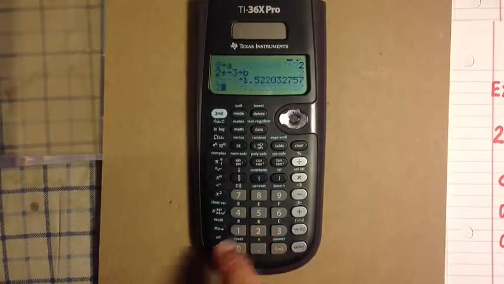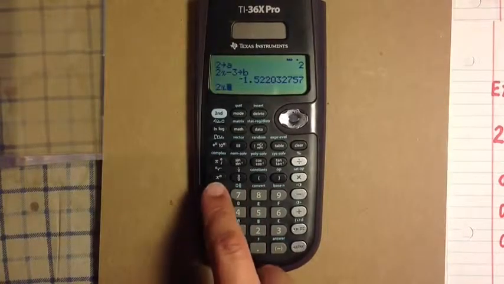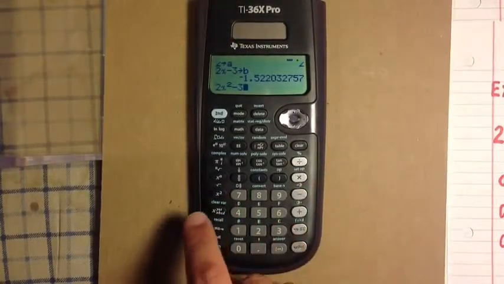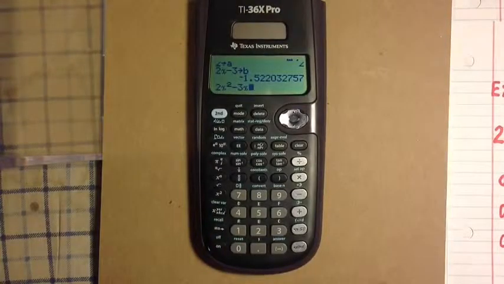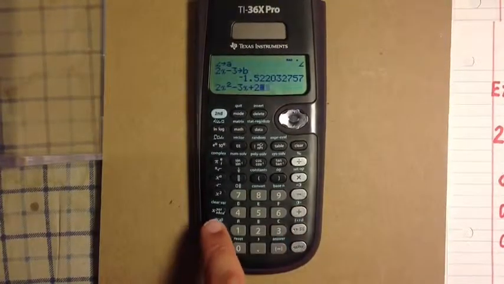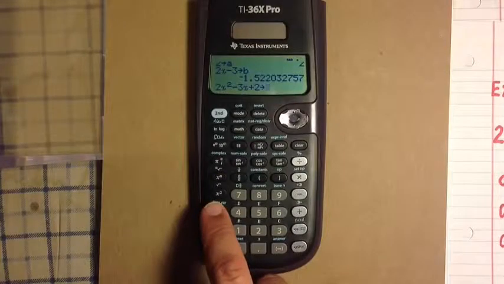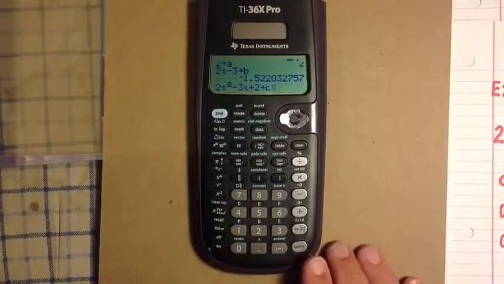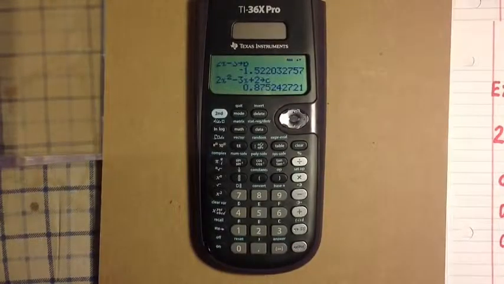C. 2x squared minus 3x plus 2. Hit the store button. Variable key 7 times. 1, 2, 3, 4, 5, 6, 7. Hit enter.